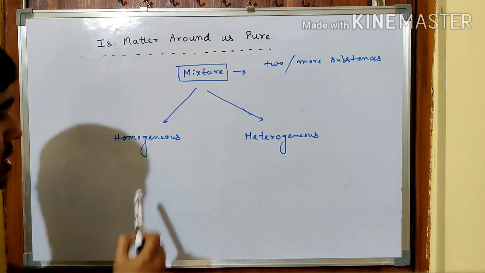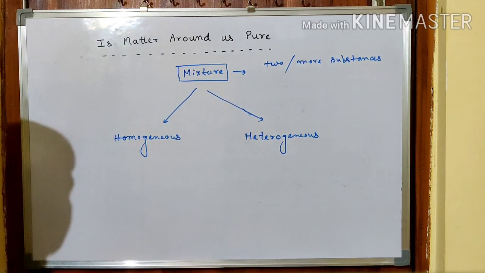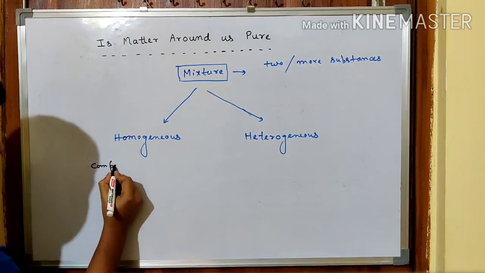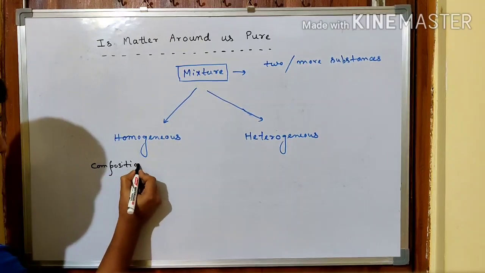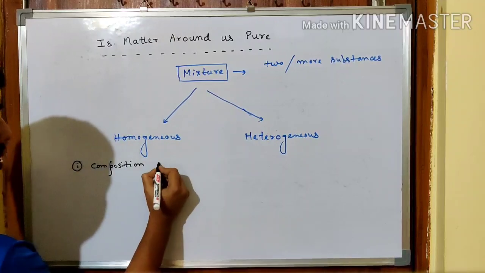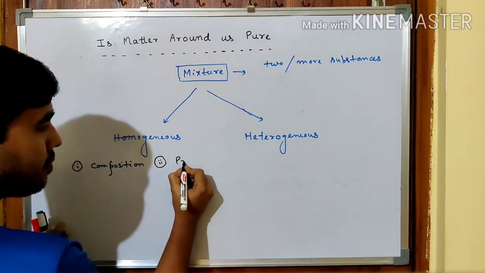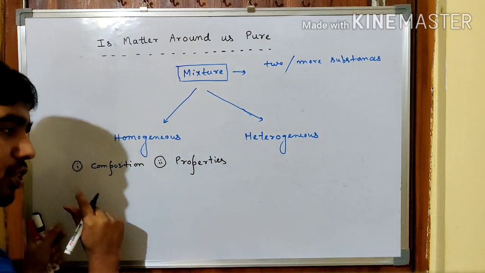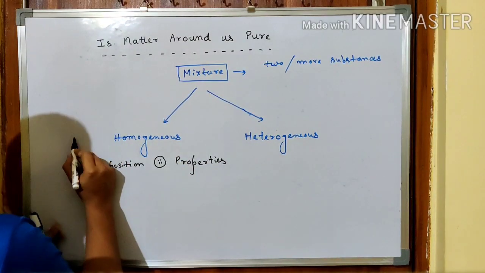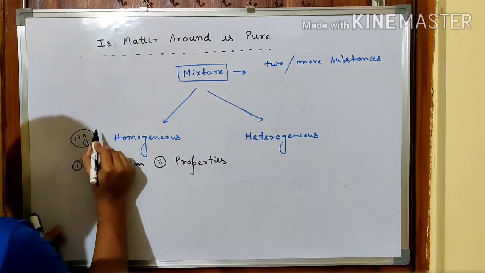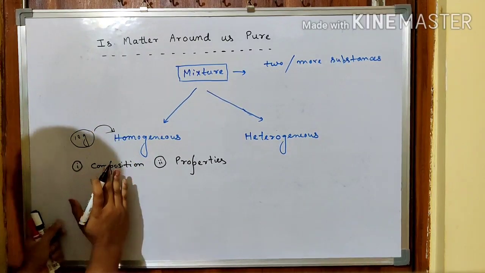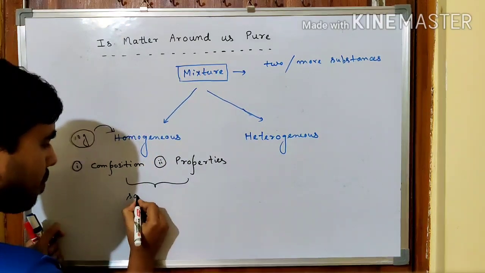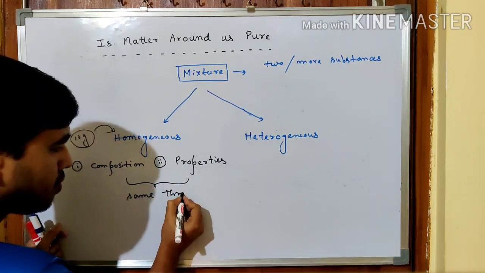This term homogeneous suggests two things. First, its composition, and secondly, its property. If you take say 10 gram of any homogeneous mixture and check its composition or properties, it is the same throughout.